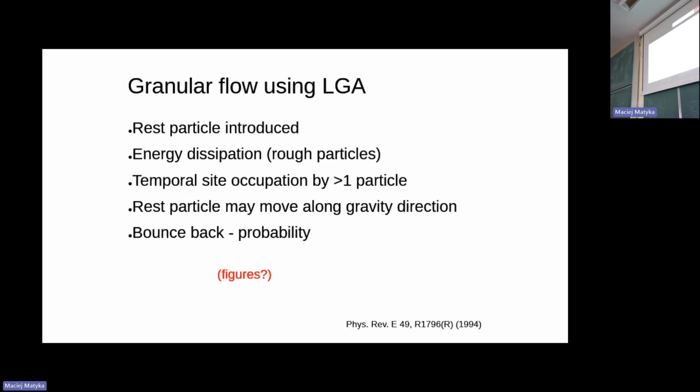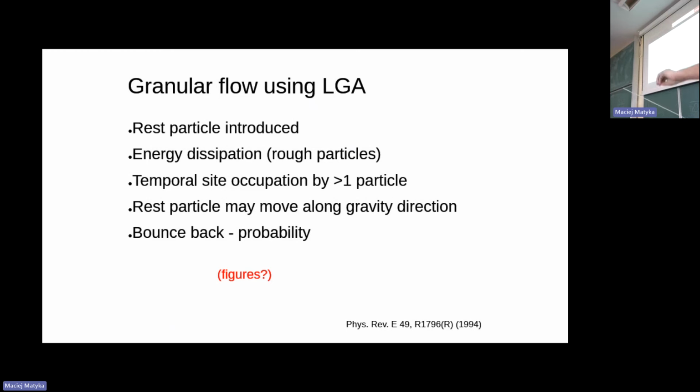Okay, what people also do, they study another kind of systems, for instance, lattice gas automata in phenomena such as granular flow. So a rest particle is introduced, and there is some kind of energy dissipation in the system.